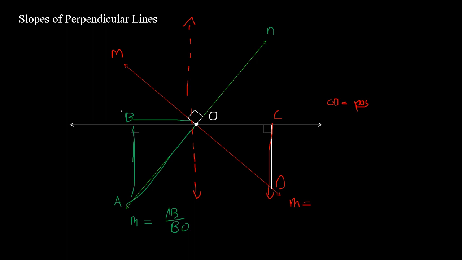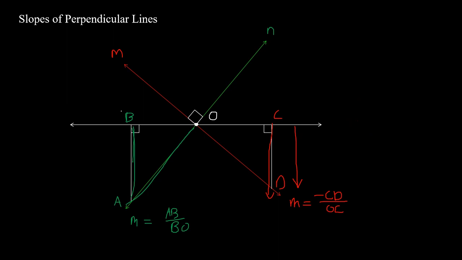If we're going down, the length of CD is going to be positive, but the rise is going to be negative. So we're going to put a negative CD over here for the rise, and the run is going to be OC.